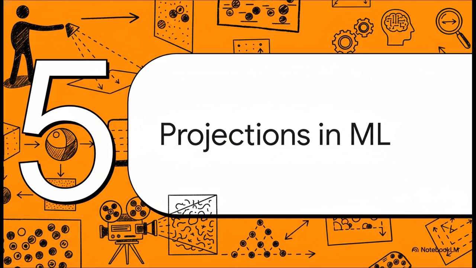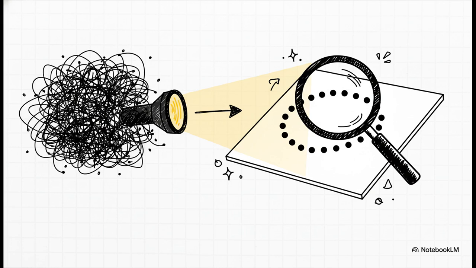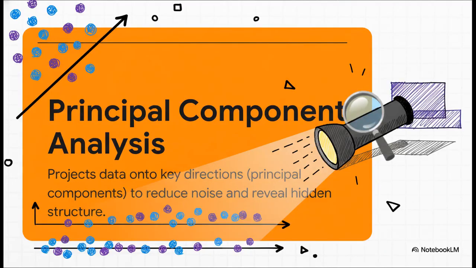Now for the big payoff. Where does this actually show up in the real world? Let's take a look. One of the biggest challenges in all of data science is just trying to make sense of data that has hundreds, even thousands of dimensions. You can't visualize it, you can't really reason about it. This is where projections become a superpower. And that brings us to a giant of machine learning called Principal Component Analysis, or PCA.